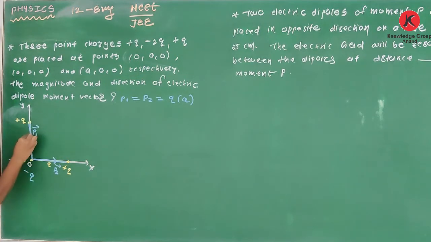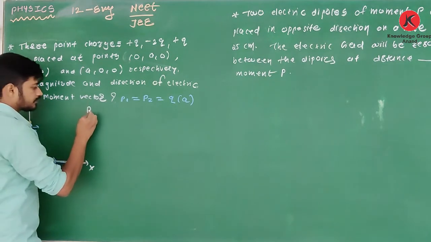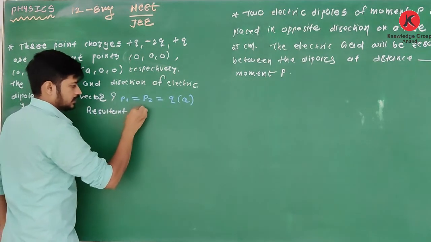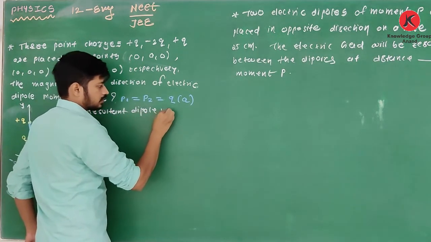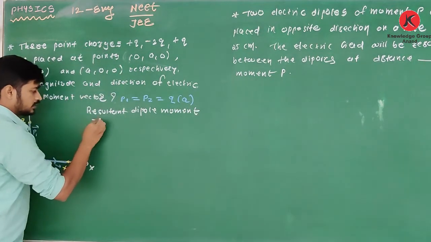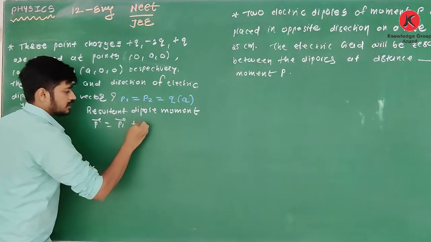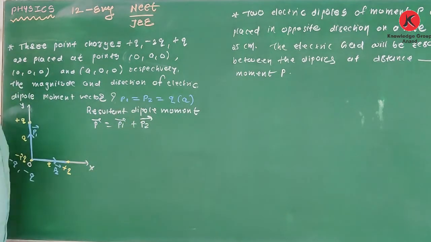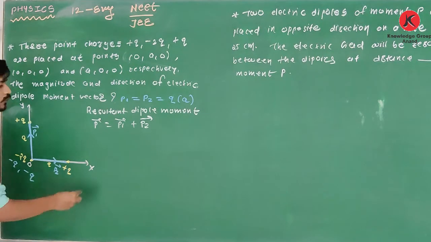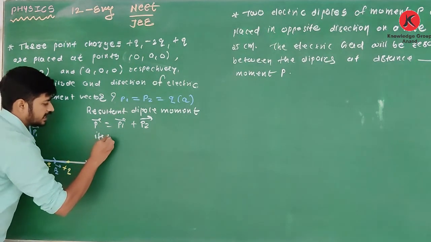So you have to find the resultant dipole moment. Resultant dipole moment P is equal to P1 plus P2. Now how to find its magnitude? First of all we will find its magnitude with the help of the law of parallelogram.